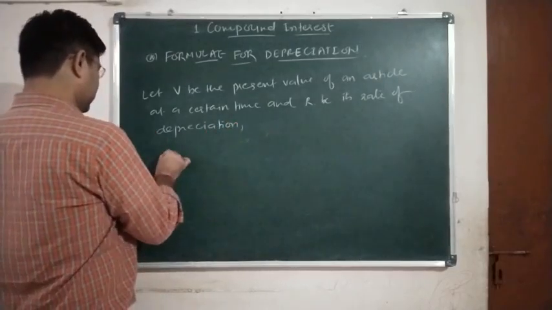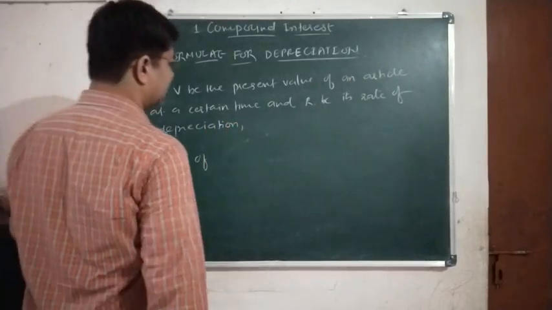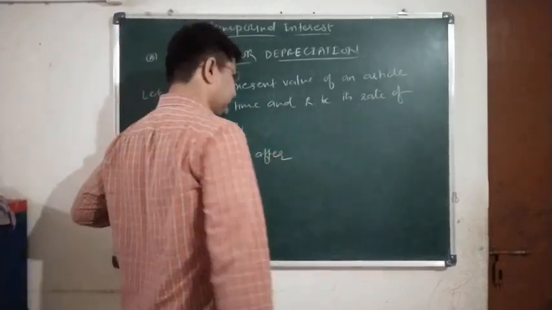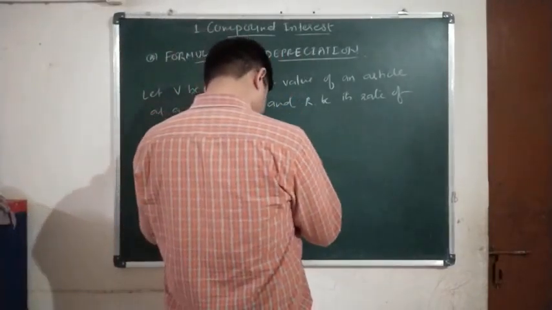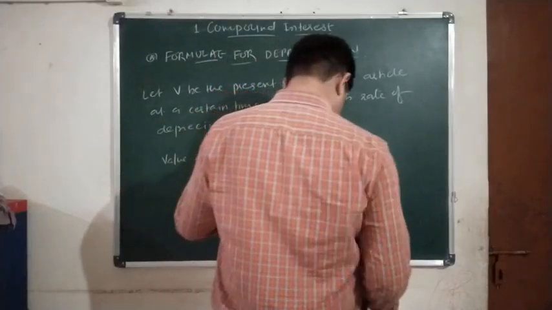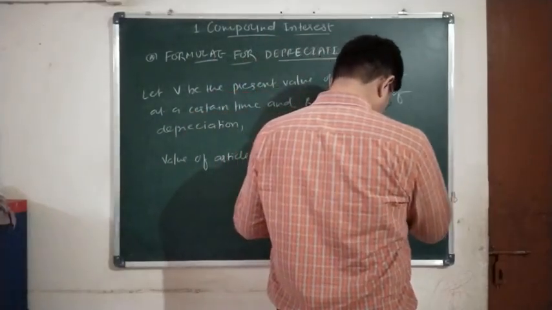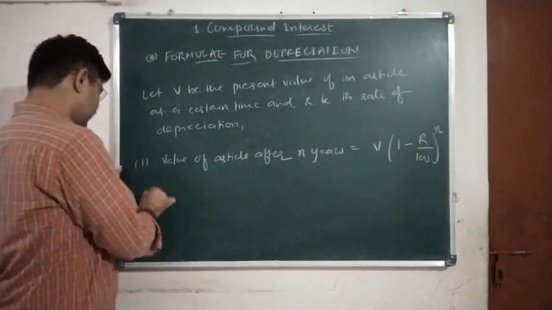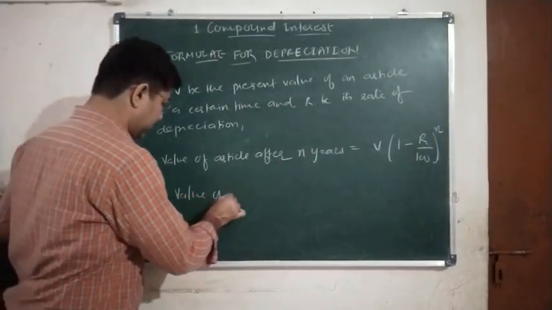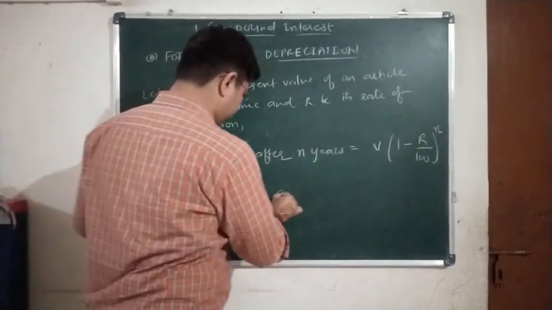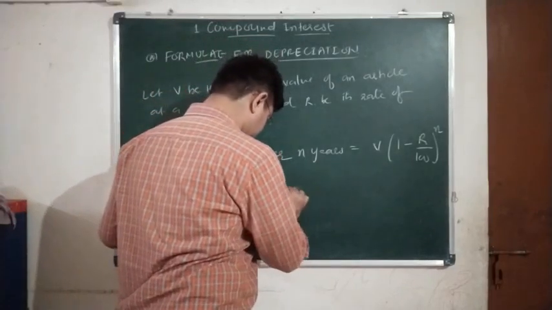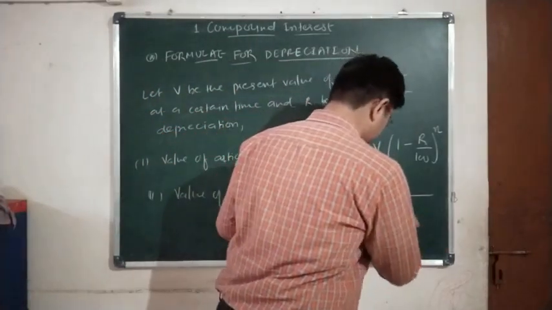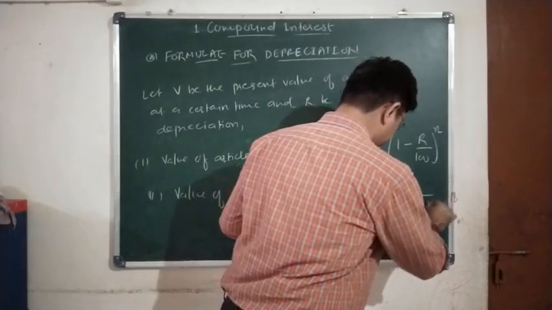Then the value of the article or machine after n years will be given by V multiplied by 1 minus R upon 100 raised to n, and similarly another formula: the value of the article or machine n years ago will be given by V upon 1 minus R upon 100 raised to n.